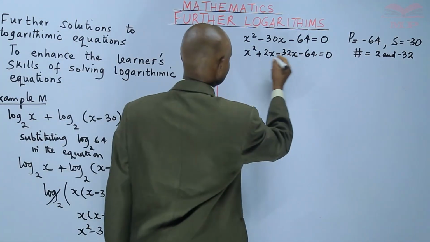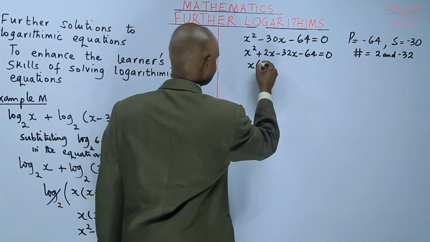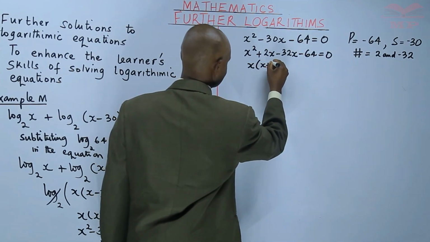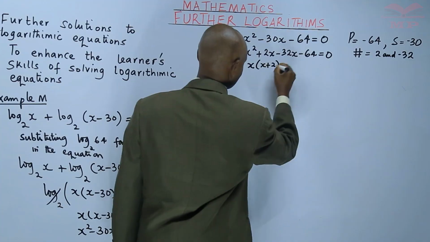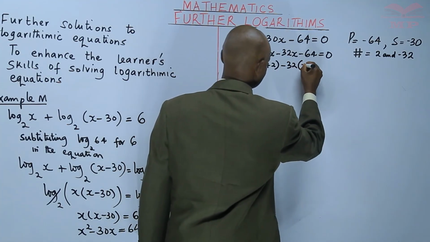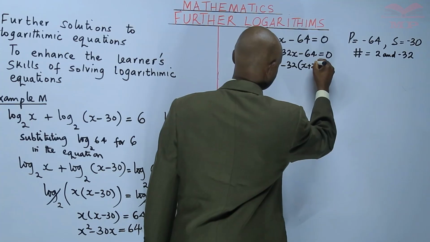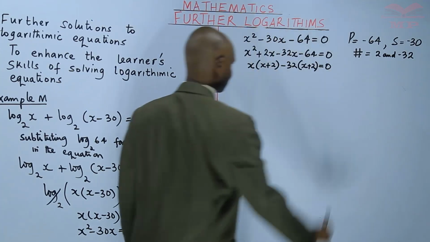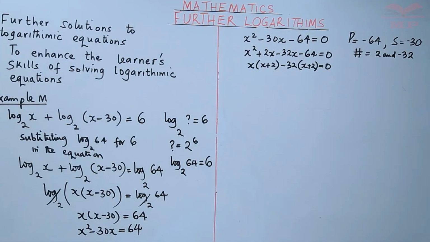So you factorize: x into (x plus 2) minus 32 (x plus 2) gives you 0.